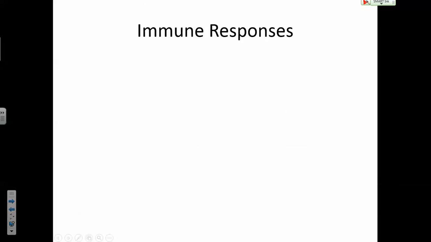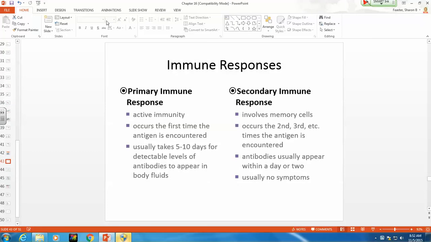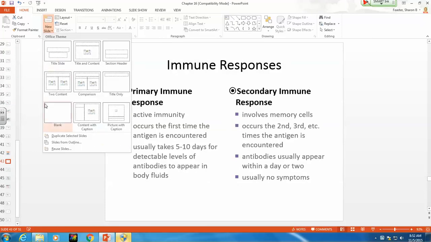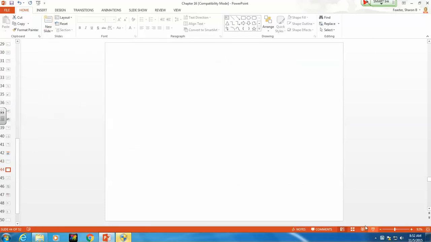Let me put a blank slide up and lay it down simply, the difference in B cells and T cells and what you need to know about that as far as your test is concerned. So, for B cells, what type of immunity are they involved in? Antibody mediated, because these are the ones that produce antibodies.